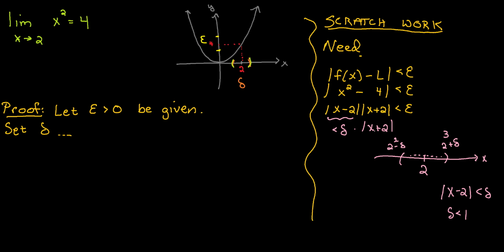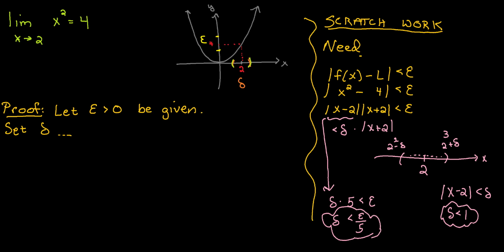So if I'm looking at x plus 2, that's going to be no worse than 5. So what I've got so far is delta times 5 less than epsilon. In other words, I'm going to need delta to be less than epsilon over 5. I also need delta to be less than 1.